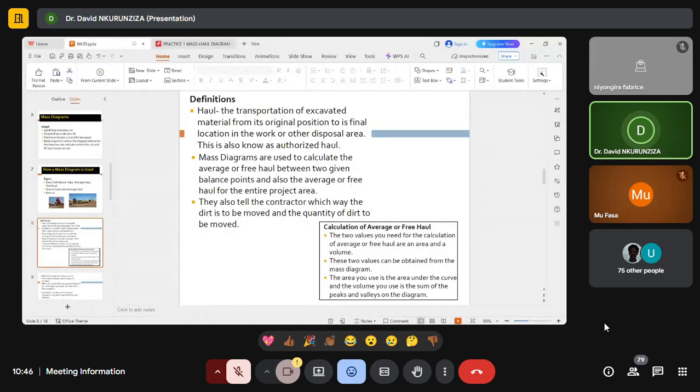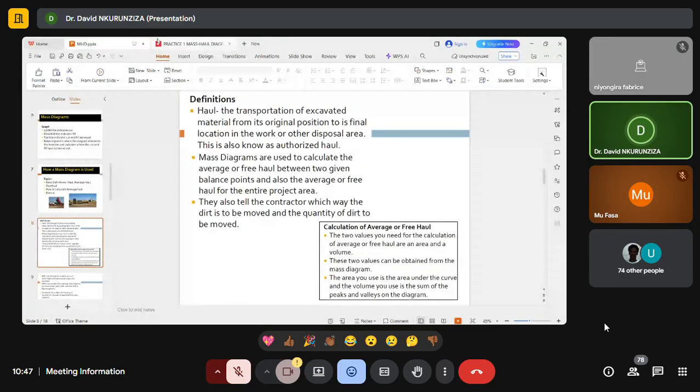The average haul distance is equal to the area of the mass haul diagram, the area below the curve, divided by the total volume of materials moved. The area is between the mass haul curve and the balance line. The volume moved is the total volume of materials between the balance points.